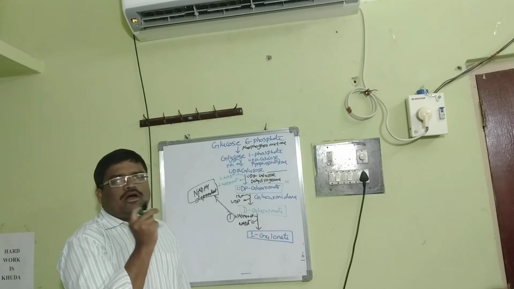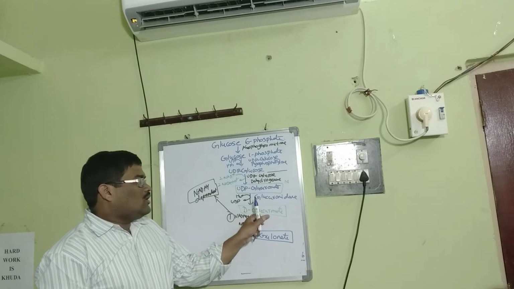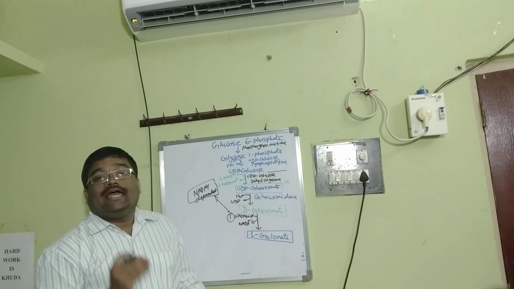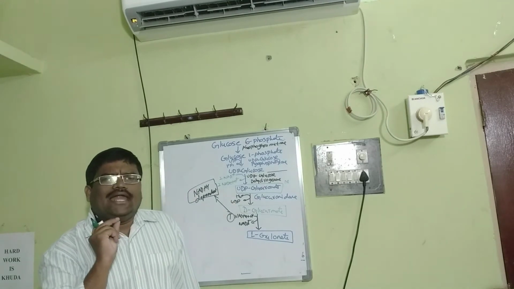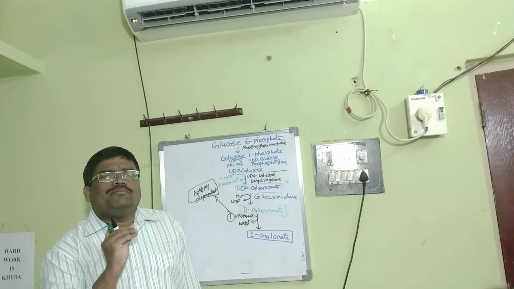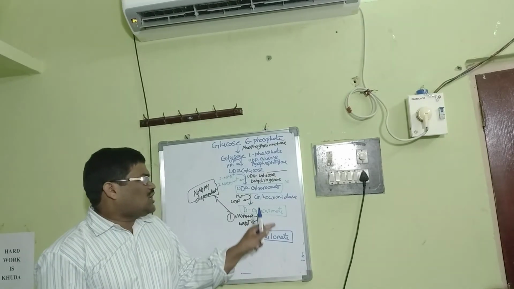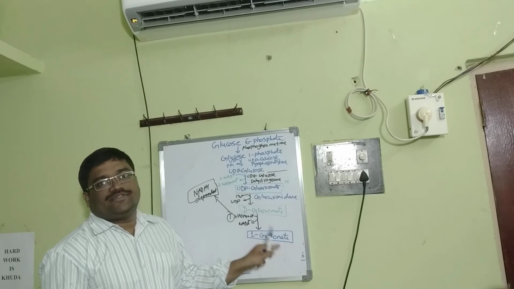In examination they may ask how this process is done. D-glucuronate becomes L-gluconate by reduction, an NADPH dependent reaction. This is very important.